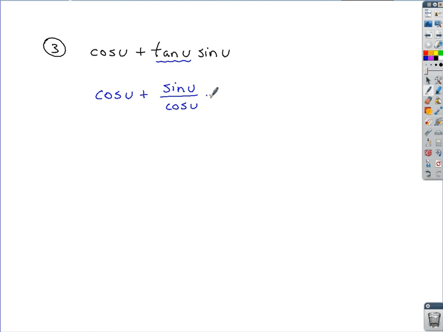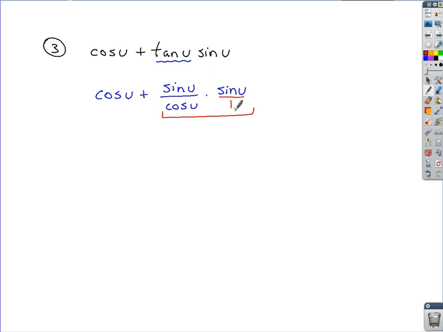In the meantime, we are multiplying that little piece onto the sine of u. So everything's in terms of sine and cosine. Ready to, looks like, multiply some things out. If you follow your order of operations, got to multiply first.